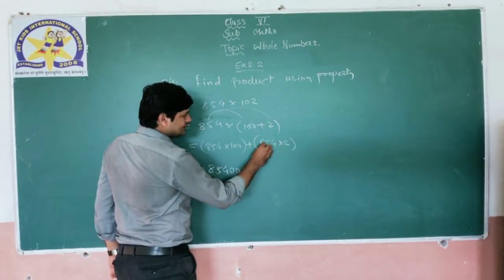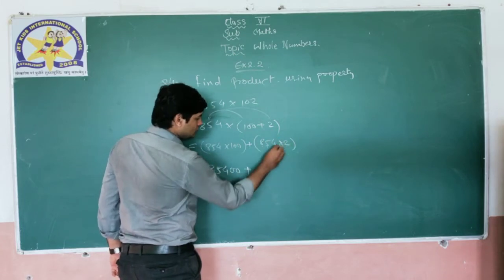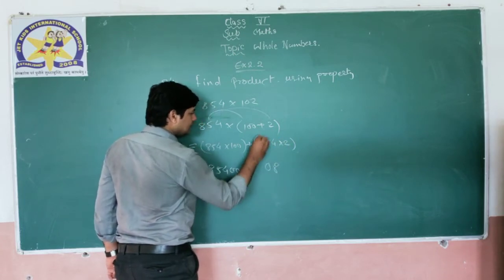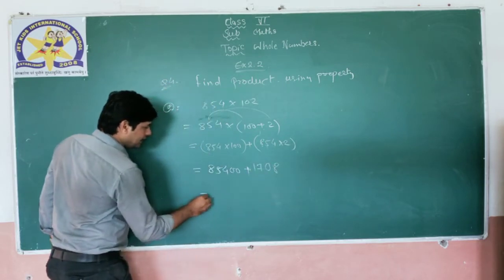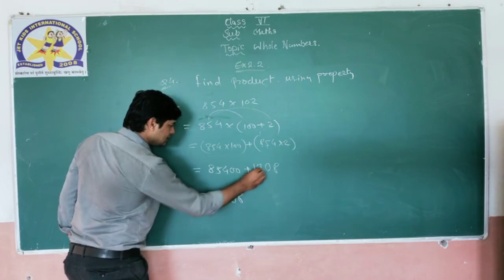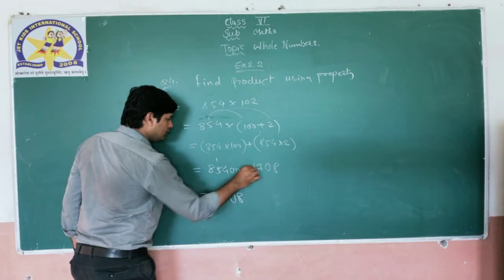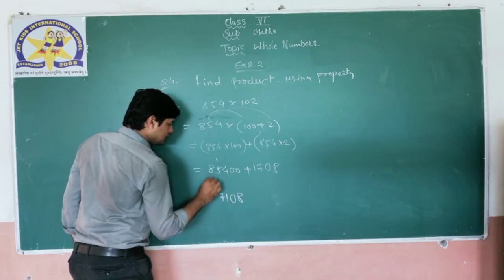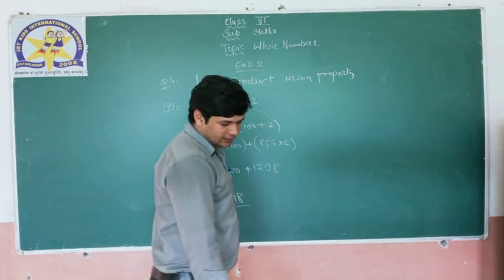Then 2 4s are 8, 2 5s are 10, and 1, 2 8s are 16. Clear? Now add this. 8 plus 0, 8, 0 plus 0, 7 plus 4, carry 1, 5 plus 2, 7, and 8. So 87,108.